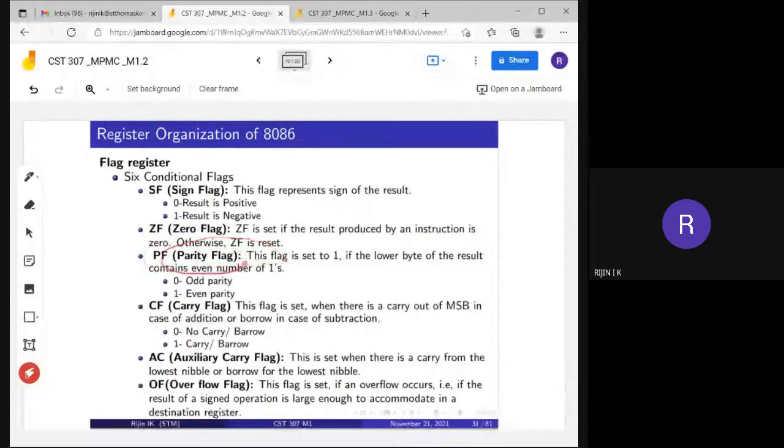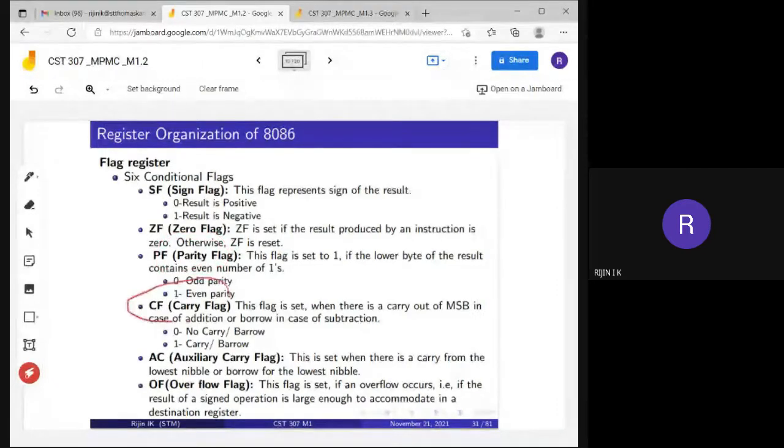This flag is set to 1 if the lower byte of the result contains an even number of 1s. So if it is 1, it is even parity, and if it is 0, it is odd parity.